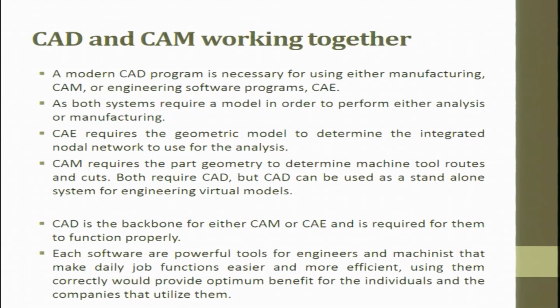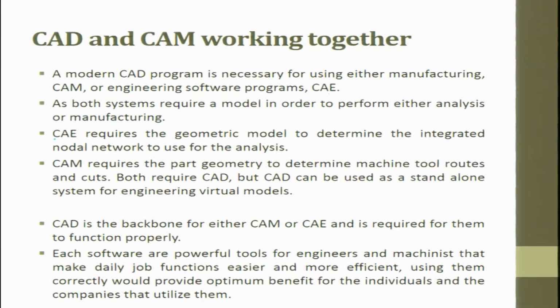The CAD and CAM working together. A modern CAD CAM program is necessary for using either manufacturing CAM or engineering software CAE. As both systems require a model in order to perform either analysis or manufacturing, we try to integrate these two.